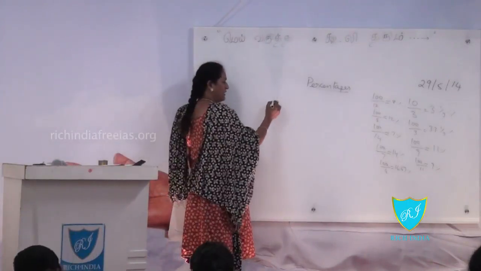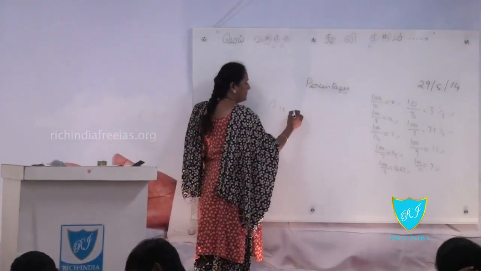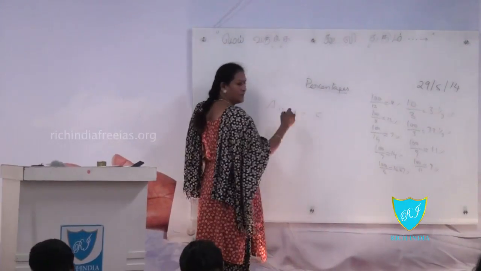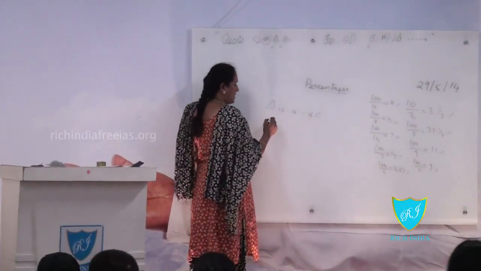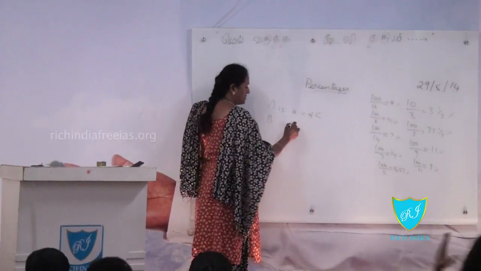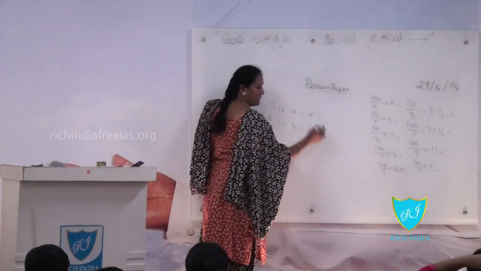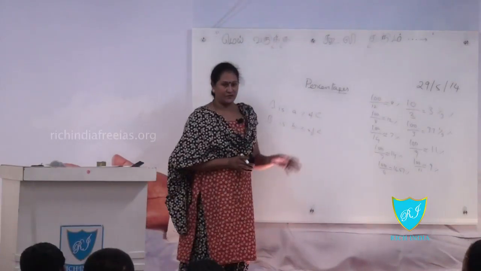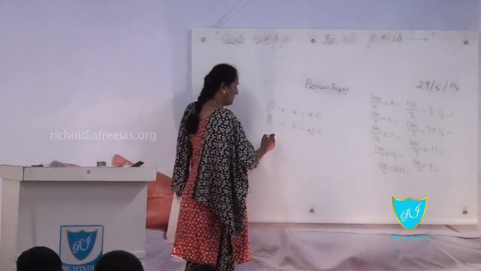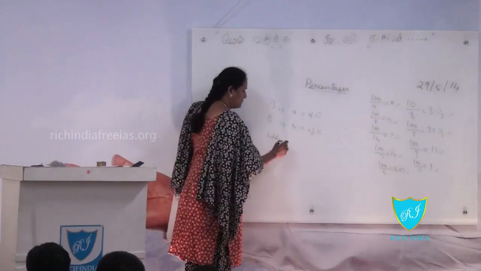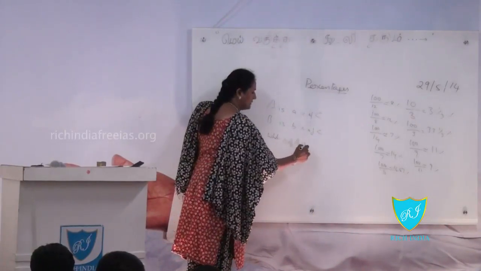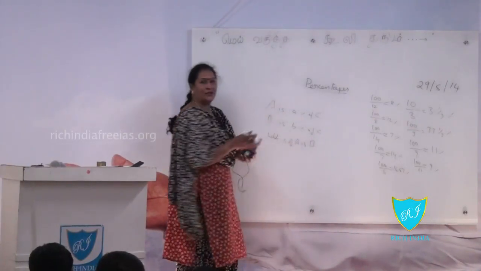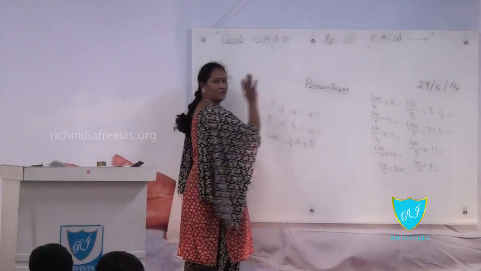Suppose a value A is compared with C. A is A% of C and another value is compared with the same value. So A is A% of C, B is B% of C, so what percent of A is B? When they ask this, no need to consider that C at all.